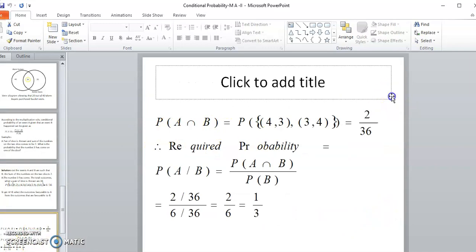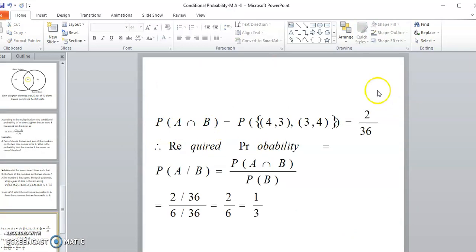Now, this is the solution on the basis of that question. Probability that A intersection B: the total is 7, with 4 and 3, that is, first 4 comes and then 3 comes.